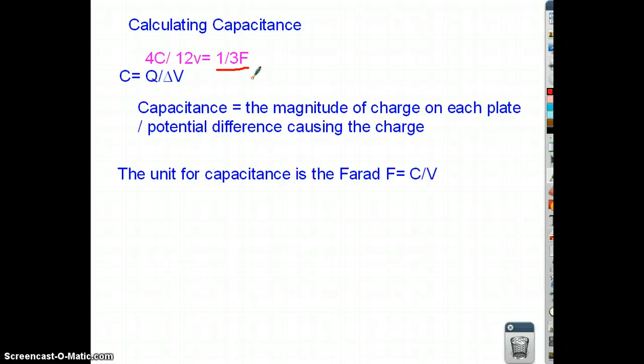And by changing the battery you're using, that changes the charges that build up. It changes the potential energy that we'll talk about in a minute. But the capacitance for those capacitors does not change. Capacitance is the ability of it to do what it does. Okay, and the unit is a farad. It's named after Michael Faraday. He did some significant work with electricity.